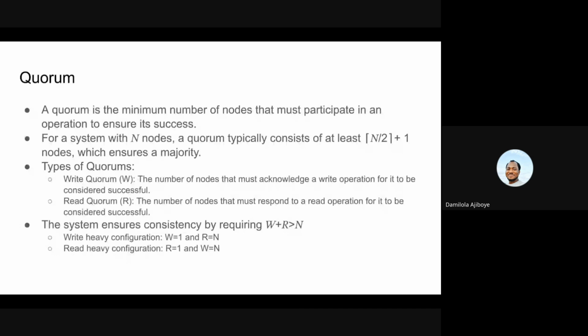And then reads will be slower, because if you set read to n, that means every node on the network has to acknowledge a read. So the benefit is that you would have very fast writes, but always consistent, because the read can only be successful after every node has been updated.